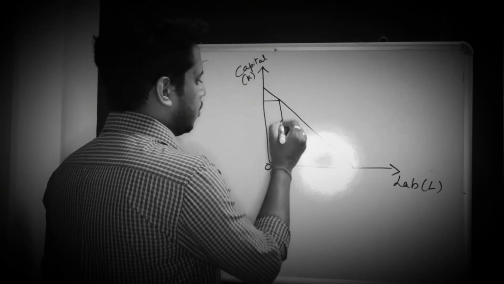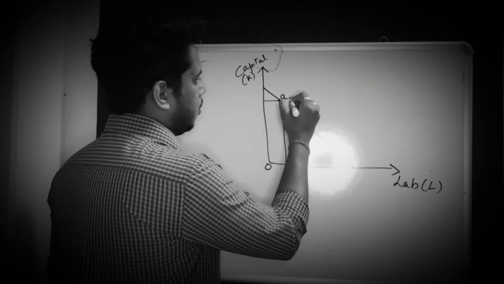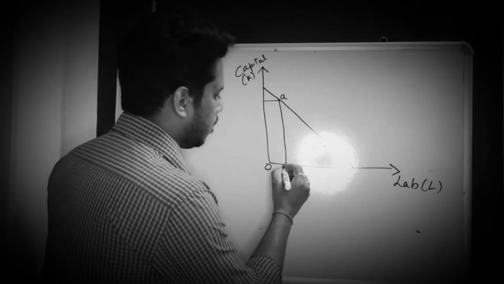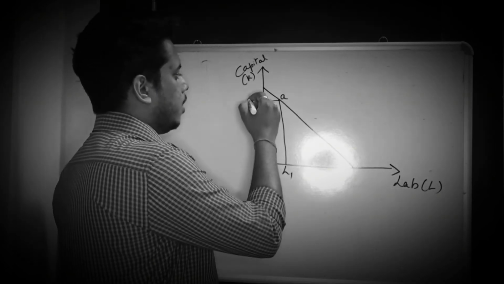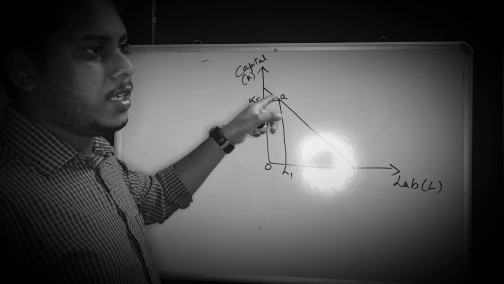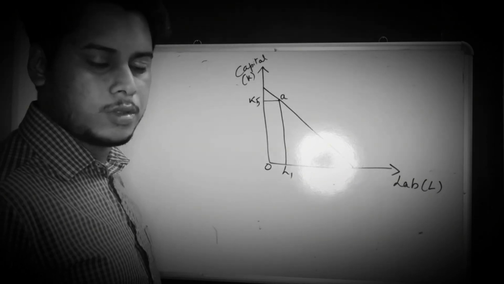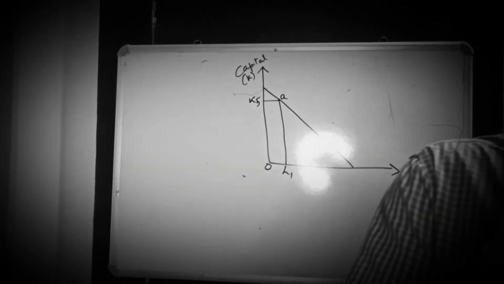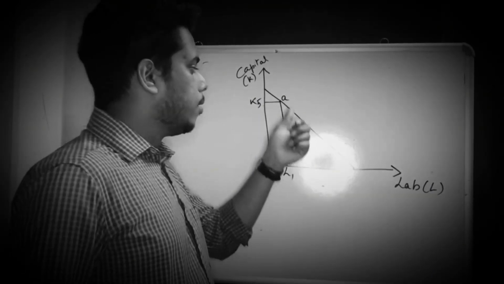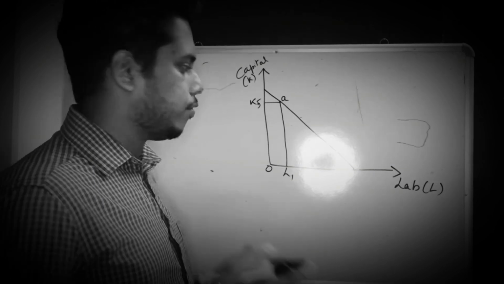See, this is a point on the curve. Point A shows L1 amount of labor and K5 amount of capital. So point A is showing a combination of two inputs.